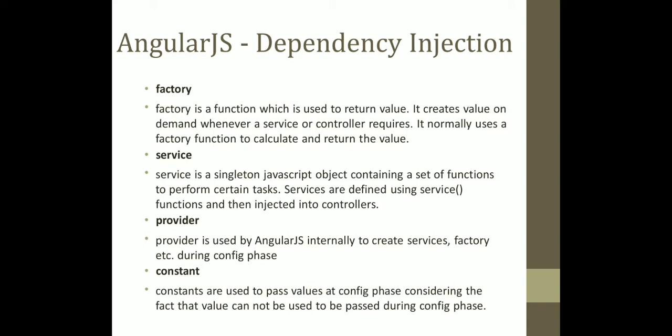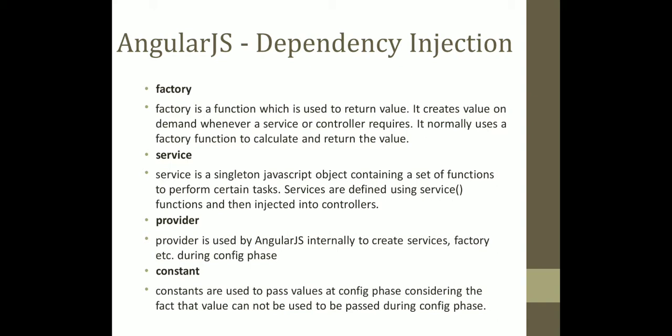Provider is used by AngularJS internally to create services, factory, etc. during the config phase. We have to remember all these things that we are seeing: value, factory, service, provider and constant. These are the core components for dependency injection, and they are related to the config phase.